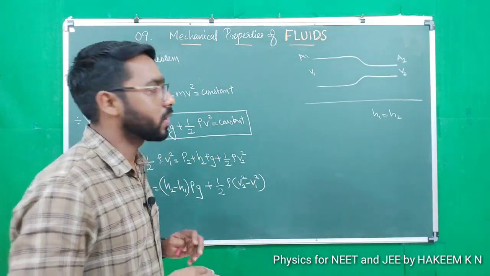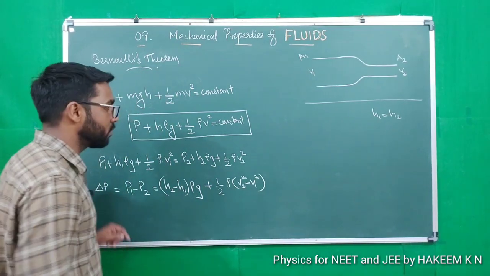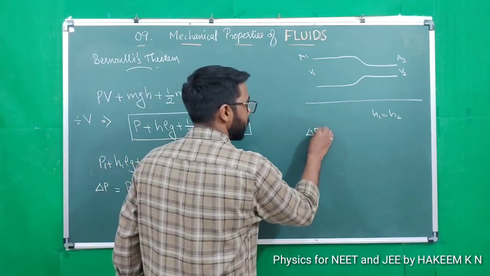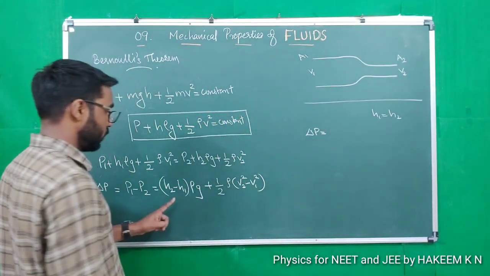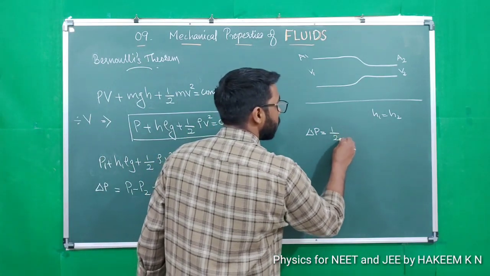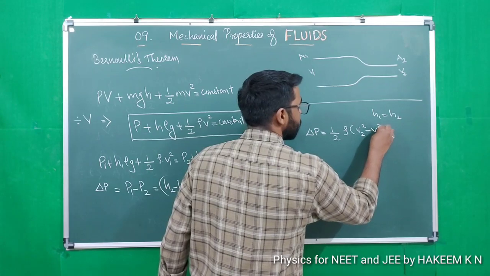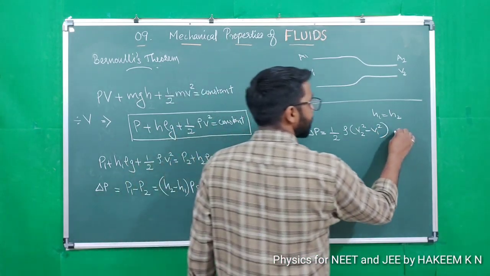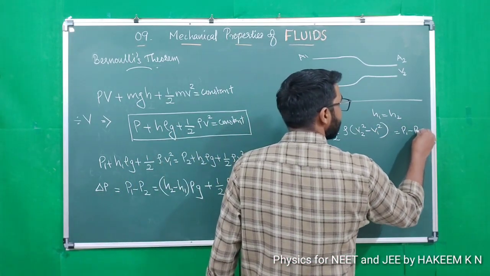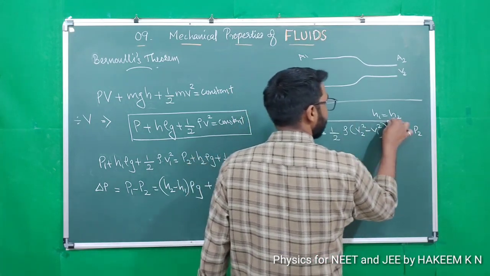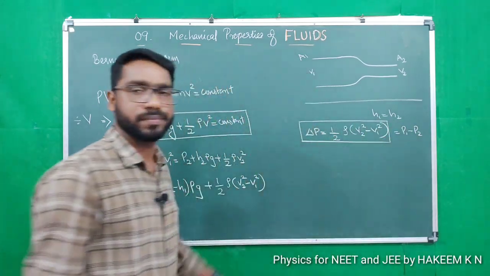Then the pressure difference delta P equals half rho into v2 square minus v1 square. This is actually P1 minus P2.